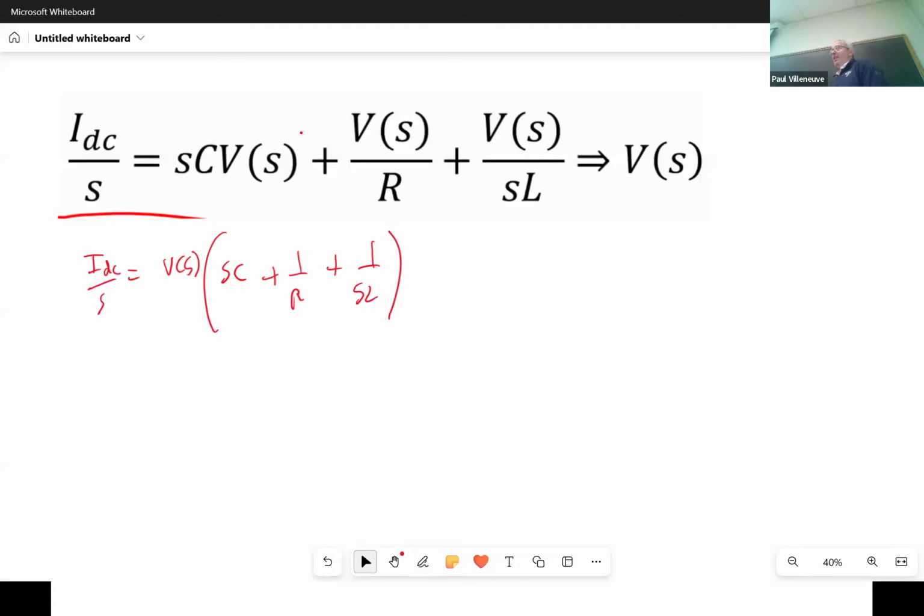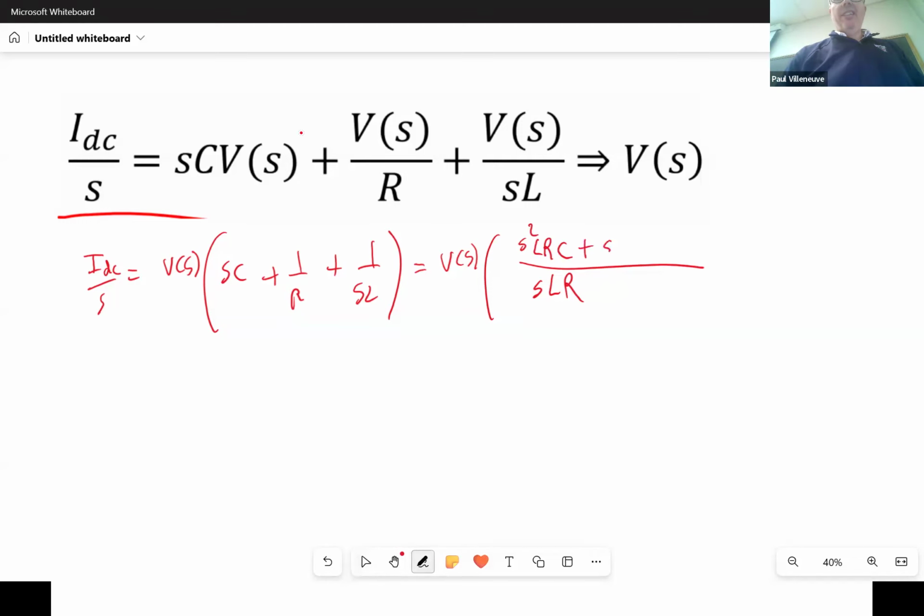Now I want to common denominator it because I've got a bunch of different fractions. And if I want to solve for V of S, I'm going to have to invert and multiply both sides. So that is equal to V of S times, and the common denominator here is S times L times R. So over here I have nothing, so that becomes S squared times L times R times C.